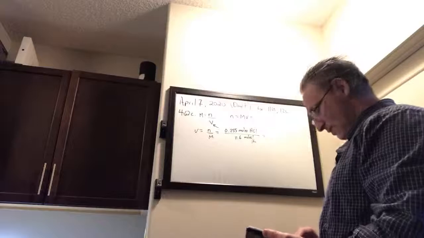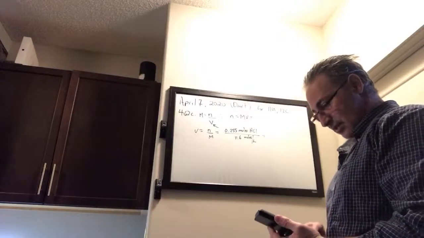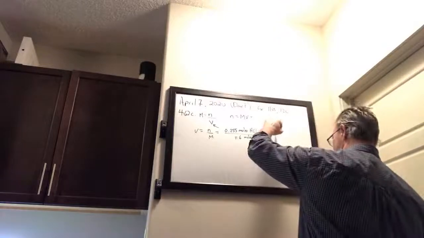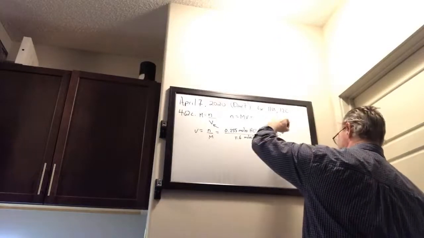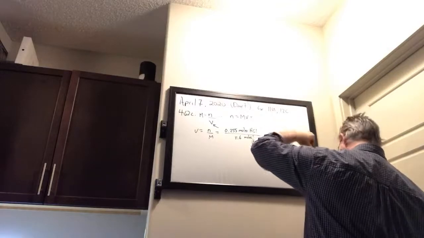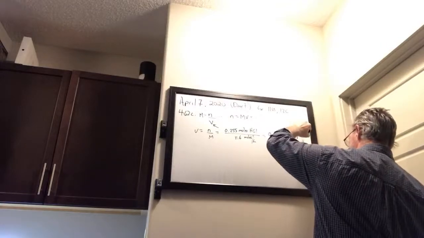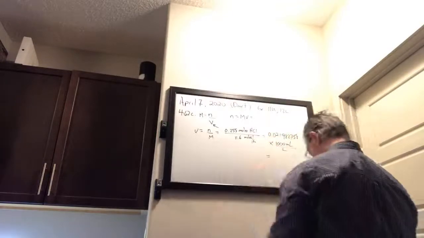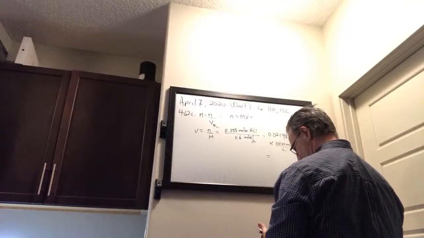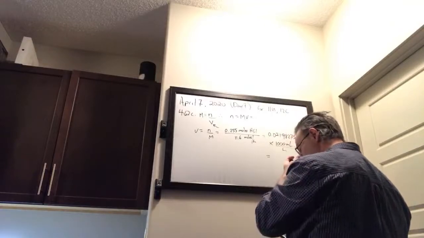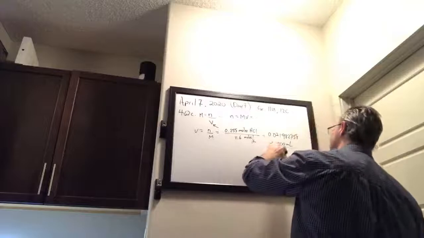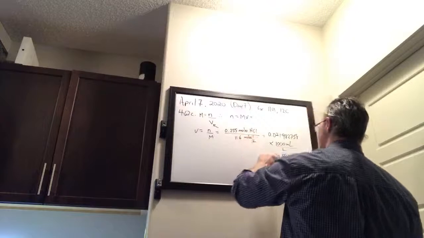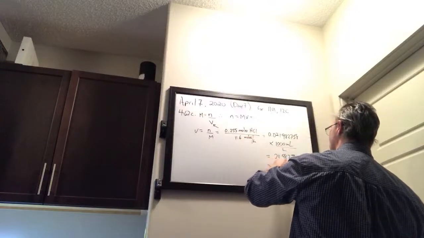So 0.255 divided by 11.6 gives you 0.021982758 times 1,000 milliliters per liter, and we get 21.9827. We're really only allowed 3 sig figs, so we're going to say 22 milliliters.